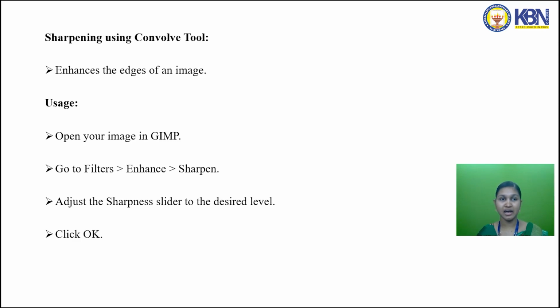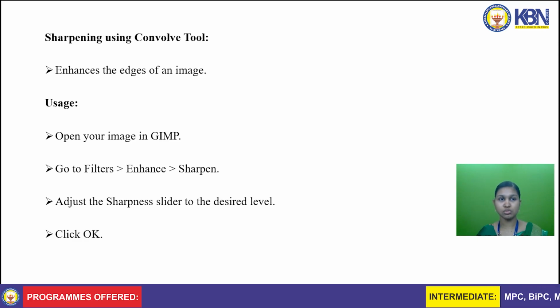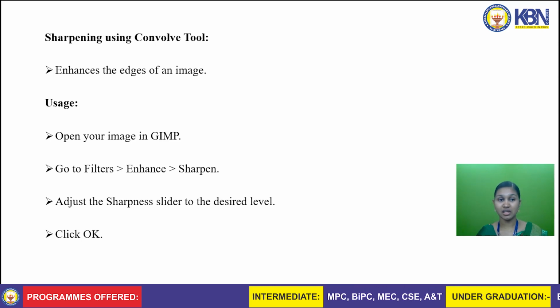Now sharpening using the convolution tool. It enhances the edges of an image, so that when you enlarge or resize, the image quality looks better. Previously you have seen cropping, rotating, shrinking and stretching; this is also one of the tools related to those.